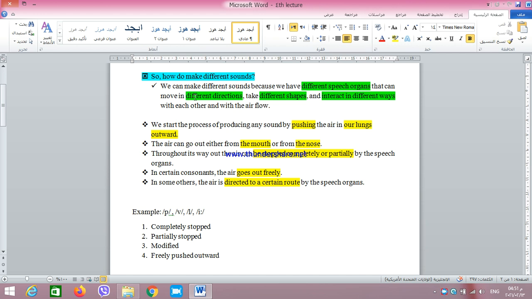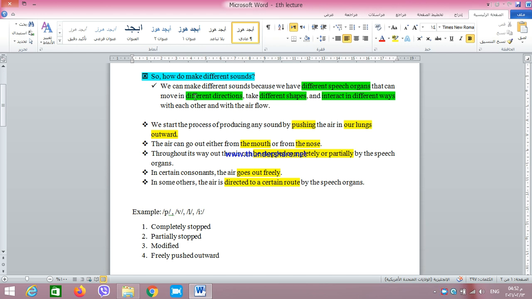And while these speech organs, which are different, move in different directions and take different shapes, they interact with the airflow and with each other in different ways. So, for example, the tip of the tongue, اللي هو مقدمة اللسان, it can move upward, يعني raised, to be in touch with the alveolar ridge, as in the sound t, with the palate, as in the sound y, with the soft palate, with the sound k.